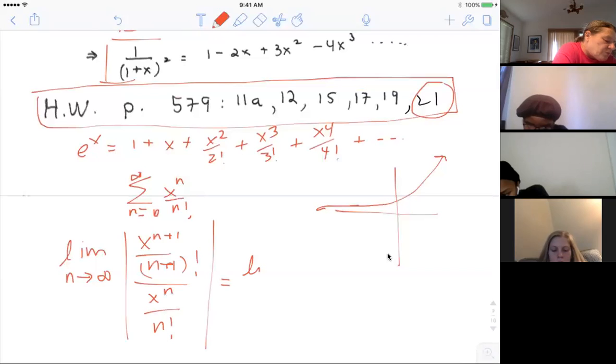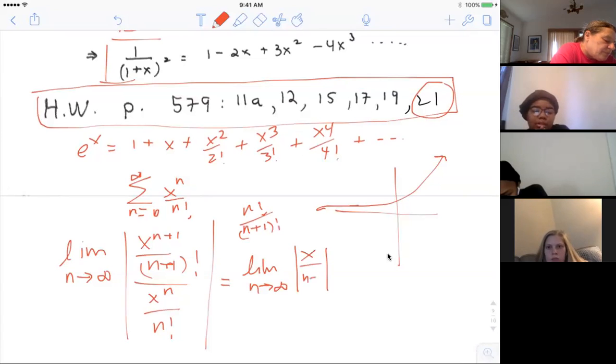When I invert and multiply, I get the limit as n goes to infinity. X to the n plus 1 over x to the n will just leave me with an x. And n factorial over n plus 1 factorial, when you invert, gives n plus 1 in the denominator. You get 1 more down here than you had up there.